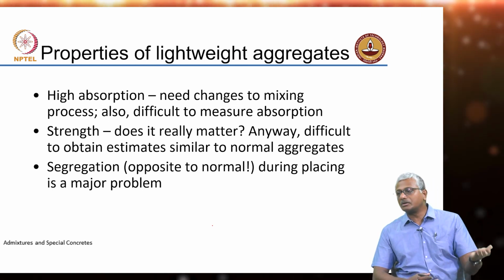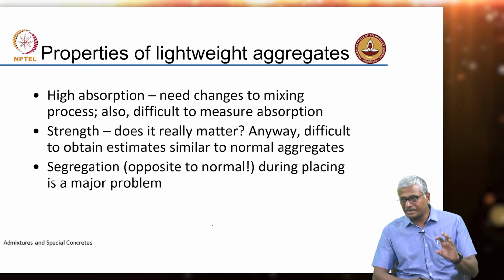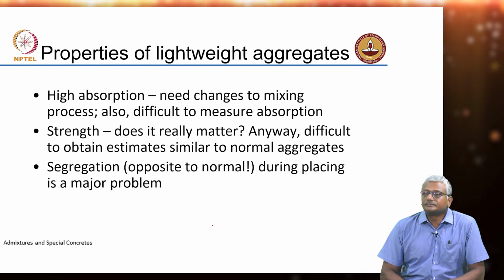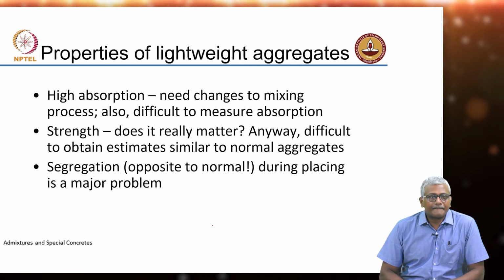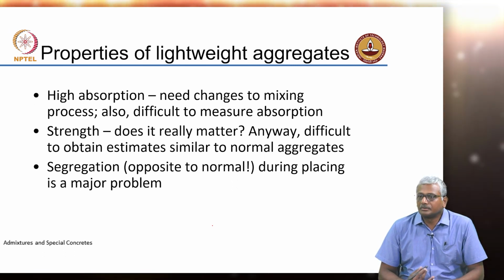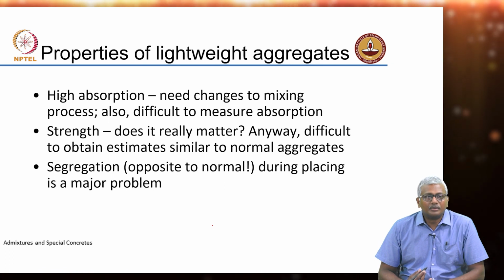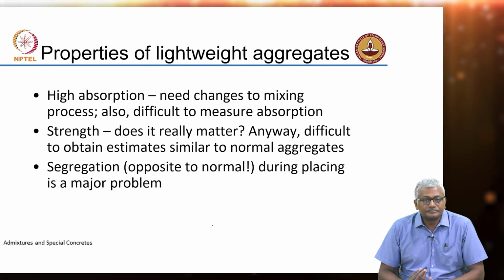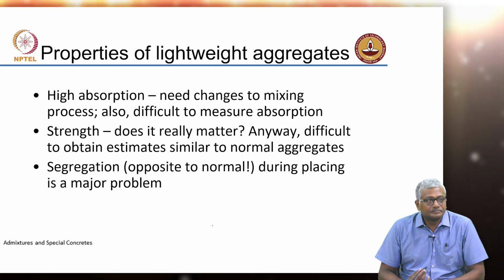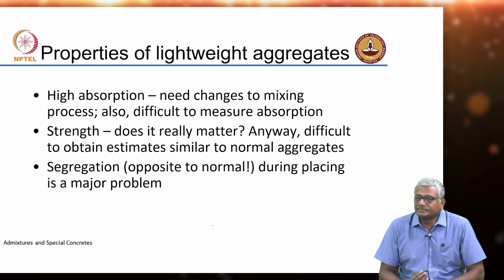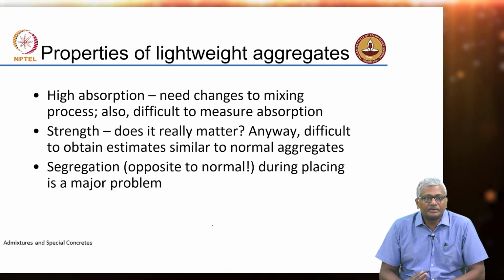When you use it in concrete, how does the strength of the aggregate affect the strength of the concrete? Does the strength of the aggregate affect the strength of the concrete? It does. How? In what type of concrete? If the concrete is of low strength, what will happen?